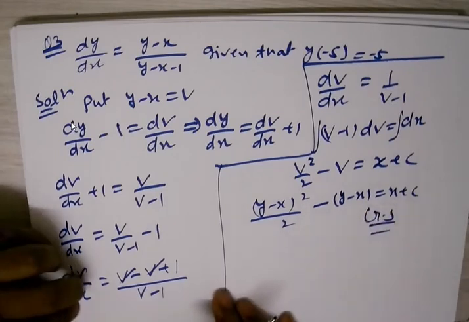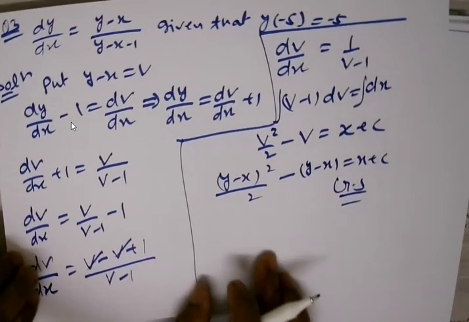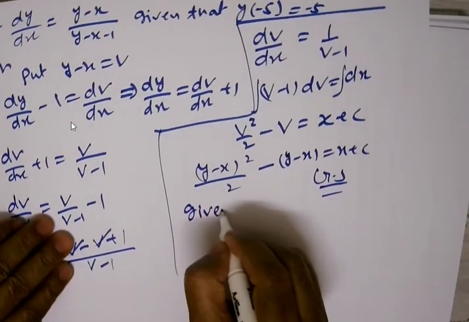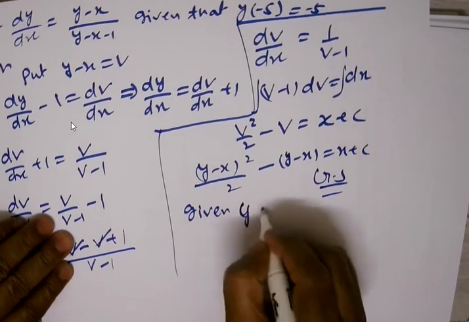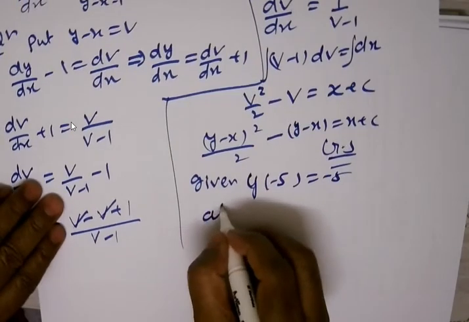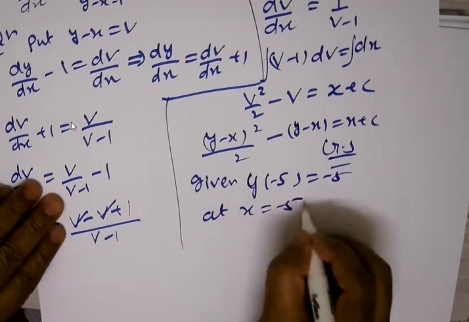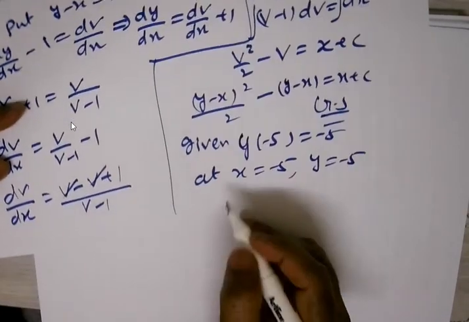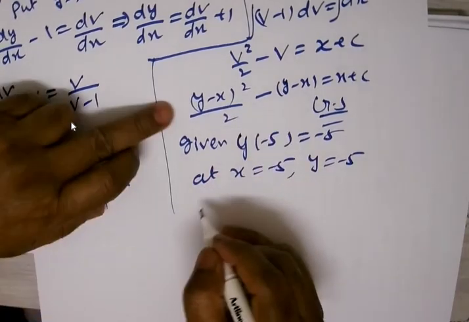But what he needs, he does not need the general solution because a condition is given. So given that y of minus 5 is equal to minus 5, it means that at x is equal to minus 5, y is equal to minus 5. Now substitute here and check that one. Y is equal to minus 5.